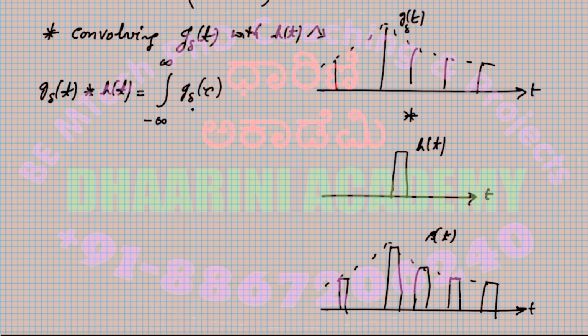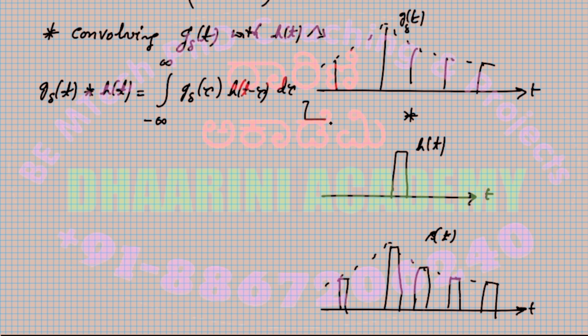You change your domain to some other variable, tau, into h of the second function, which is flipped and shifted, correct? So h of t minus tau. There is a shifting by an amount decided by t, and flipping gives you minus tau. So that is t minus tau, d tau.